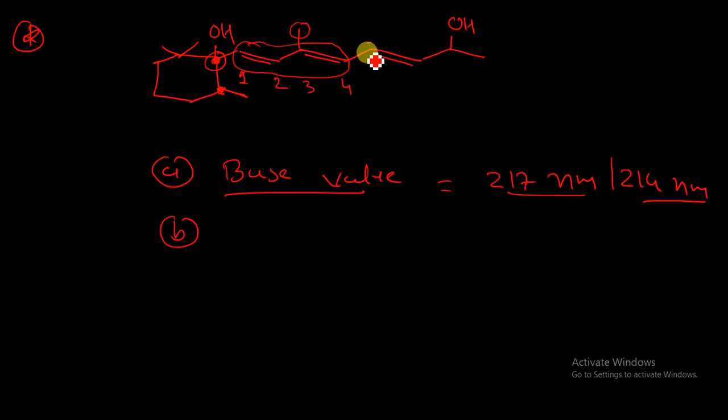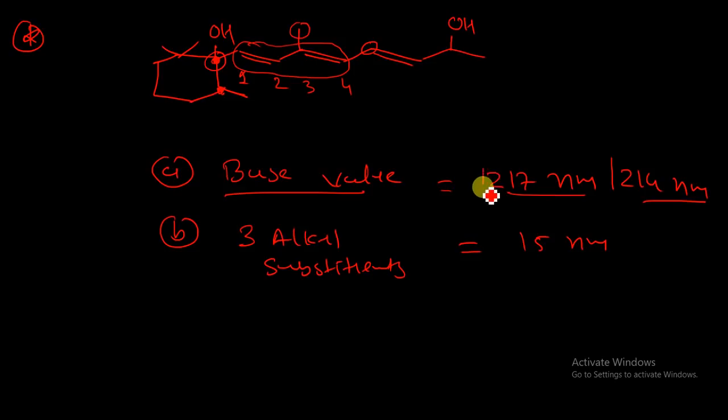So there are 3 alkyl substituents on this structure. For one alkyl substituent you add 5 nanometer. Here the base value is 214 nanometer. So with 3 alkyl substituents, 3 into 5 nanometer, there will be 15 nanometer.